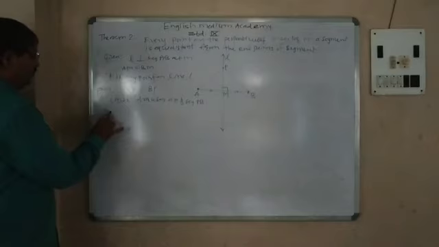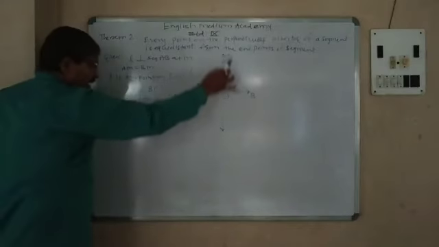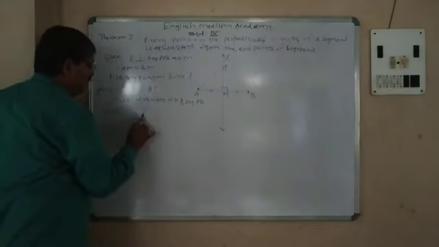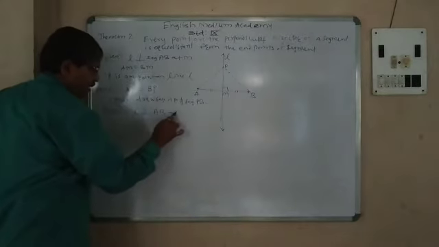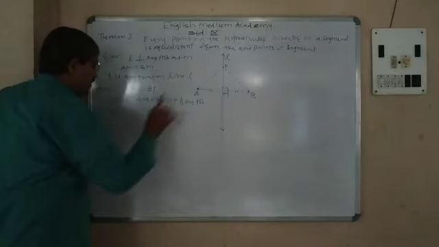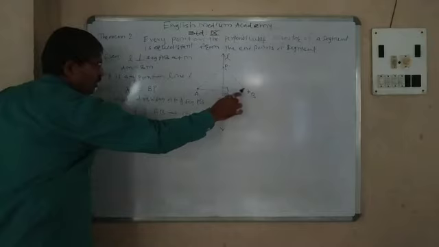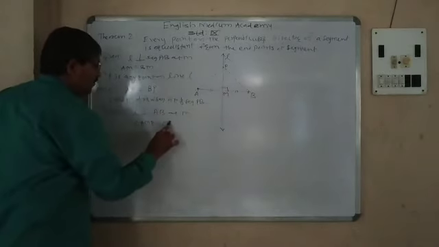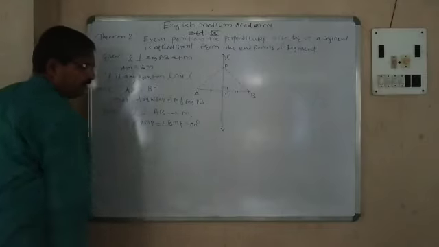Look, proof. Just we have to write line L perpendicular to AB at M. Therefore, angle AMP is equal to angle BMP, equal to 90 degree.